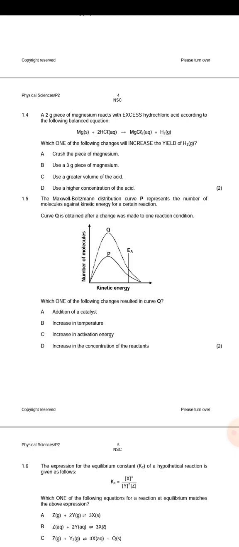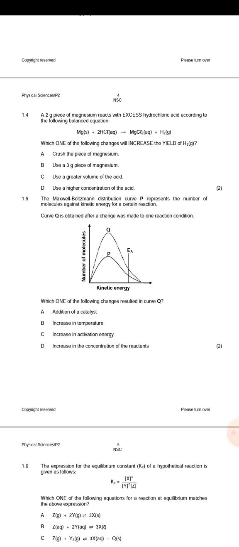1.5, the Maxwell-Boltzmann distribution curve P represents the number of molecules against kinetic energy for a certain reaction. Curve Q is obtained after a change was made to one reaction condition. So P, Q, Q just happens to have a larger area compared to P, meaning remember the white section in the Maxwell-Boltzmann is the number of molecules, particles.